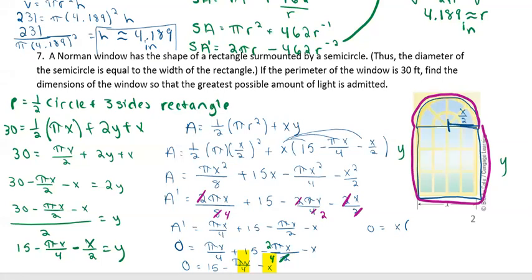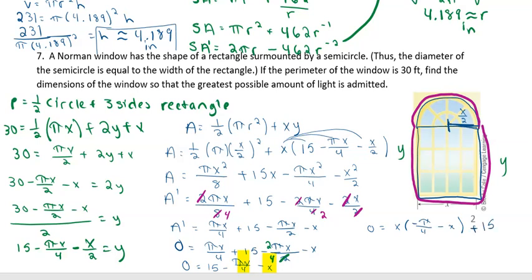what will we have left? Well, let's see. Negative pi x. Oh, we pulled out the x. So negative pi over 4. And then negative x would just become negative x. Now don't forget, we still have this 15 hanging out in the front. I'm going to put it to the back. You could put it in the front. It doesn't matter.